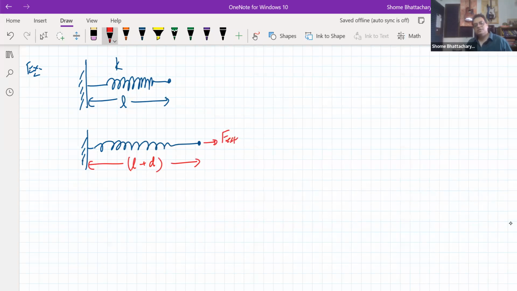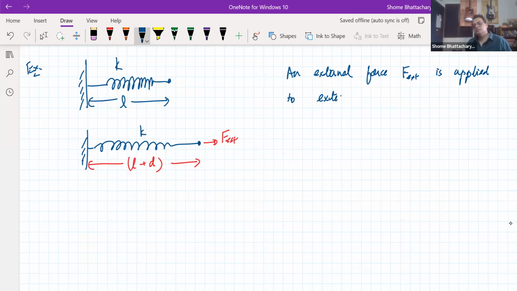An external force like this is applied to extend the spring. But we are doing that extension very slowly so that there's no kinetic energy involved.